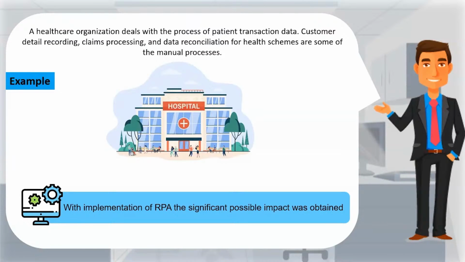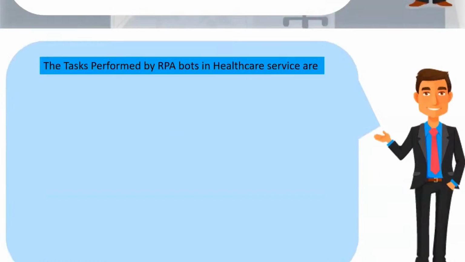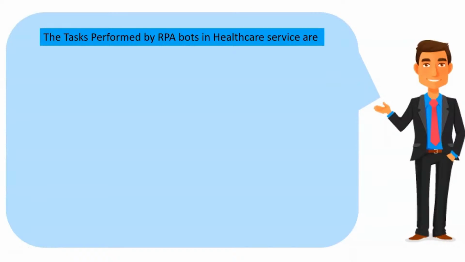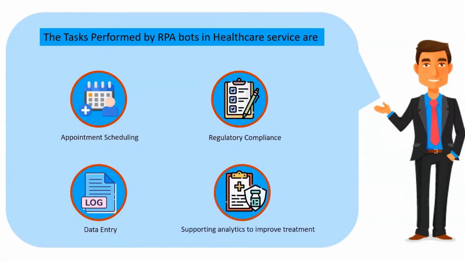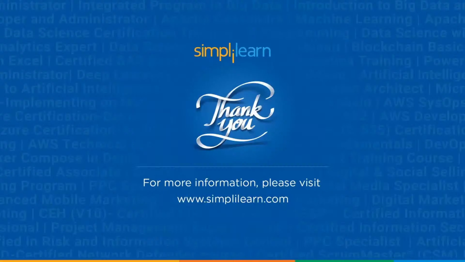The RPA platform handled claims processing and the health data reconciliation program. Healthcare was able to reduce turnaround time with this solution. The tasks performed by RPA bots in healthcare service are appointment scheduling, regulatory compliance, data entry, and supporting analytics to improve treatment. So with that, we have come to the end of this full course tutorial.